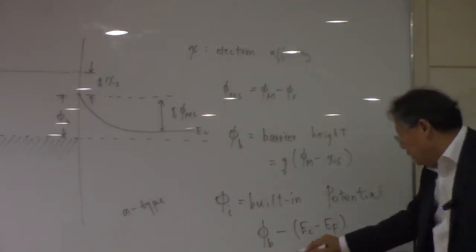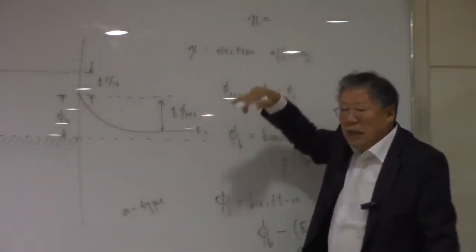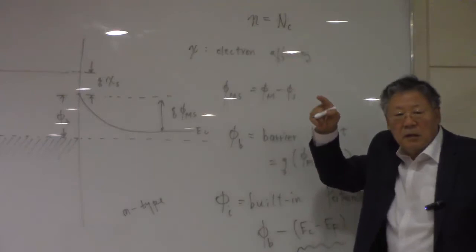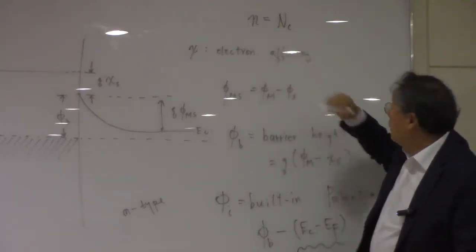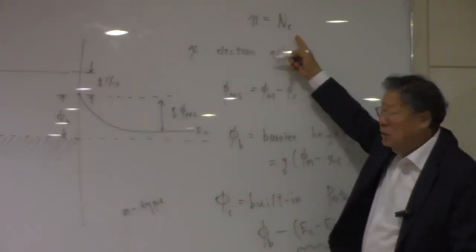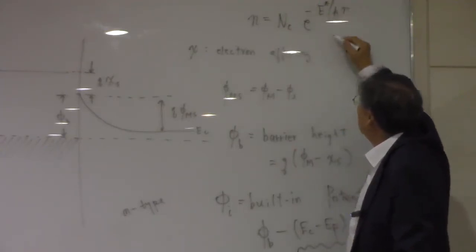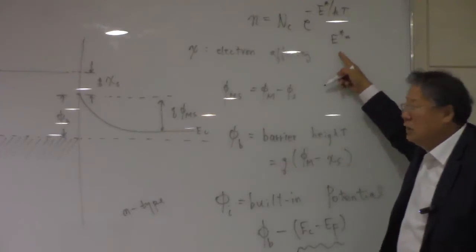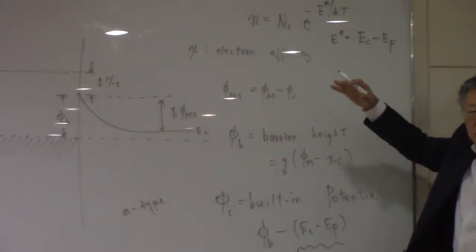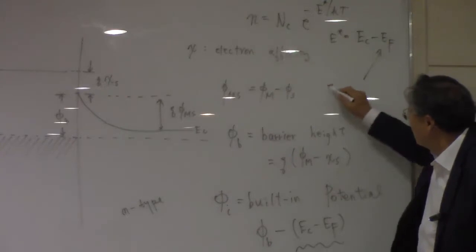In the Boltzmann statistics, the electrons in a conduction band can be set as the effective density of the conduction band, n sub c, times e to the minus E star over kT, and here E star is the activation energy, which corresponds to the energy difference between the conduction band and the Fermi energy, right? And here the Fermi energy is the electrochemical potential of the semiconductors.